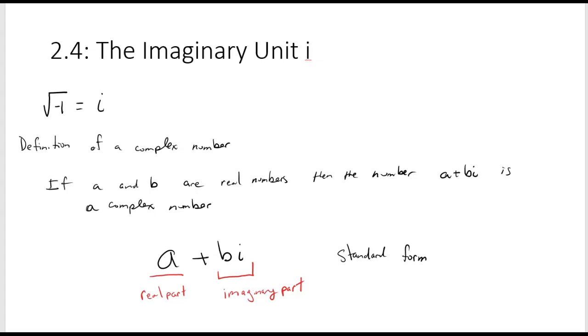So what can I do with imaginary numbers? Well, the first thing I can do is I can add them and I can subtract them. So this is known as the sum and difference of complex numbers. Okay, so for sum, all this means is that we're adding.